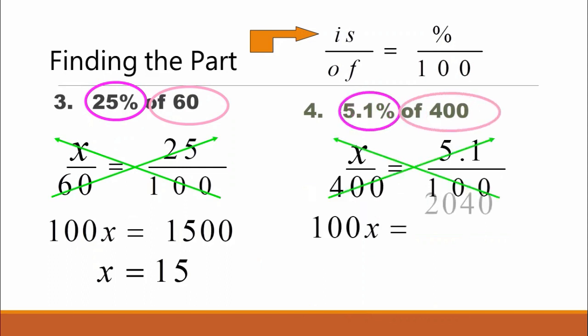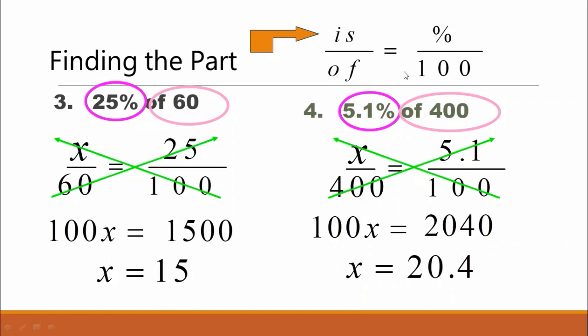Now, another example shows how to find the part for a description of a percentage. In this example, dear students, you see there are two examples by which we can find the part using this formula: is divided by of is equal to percentage divided by 100. So 25% of 100 is what number? It means the part is missing.